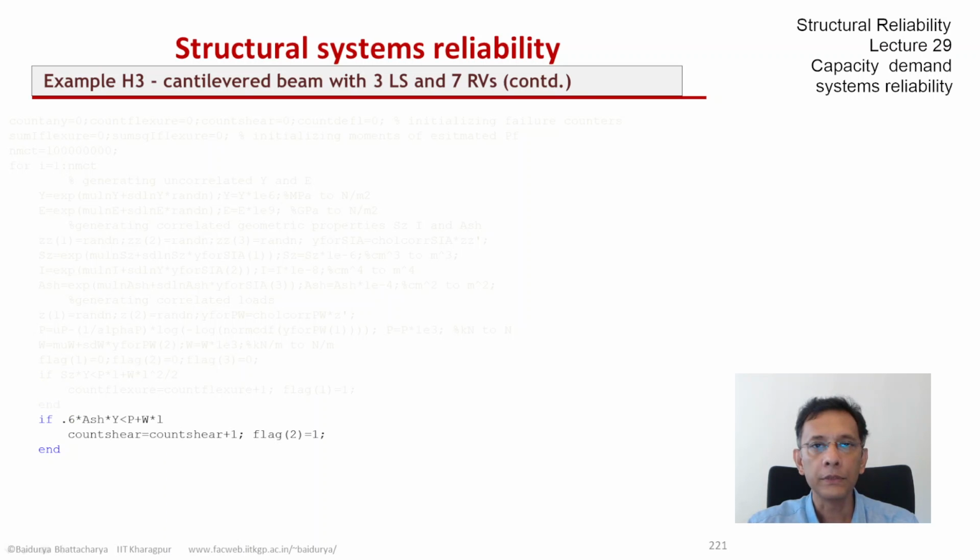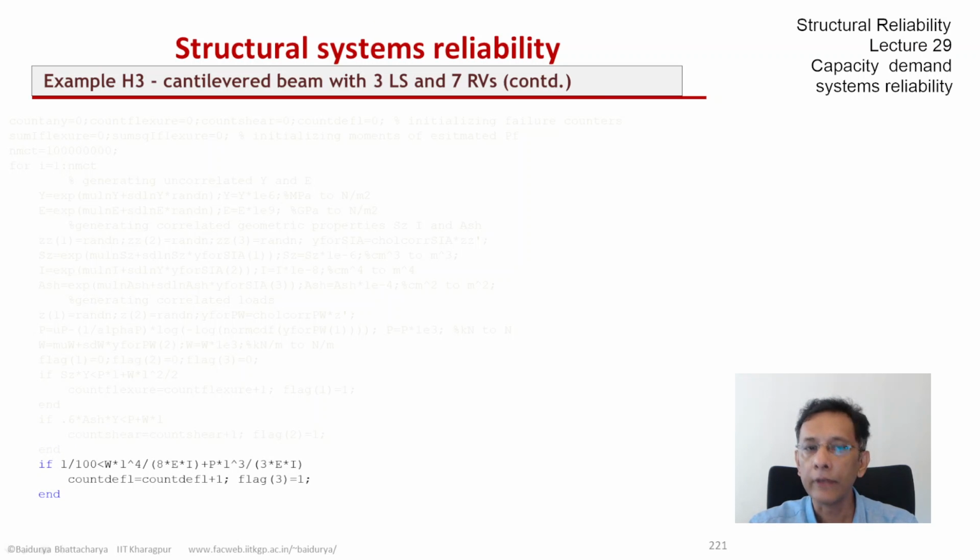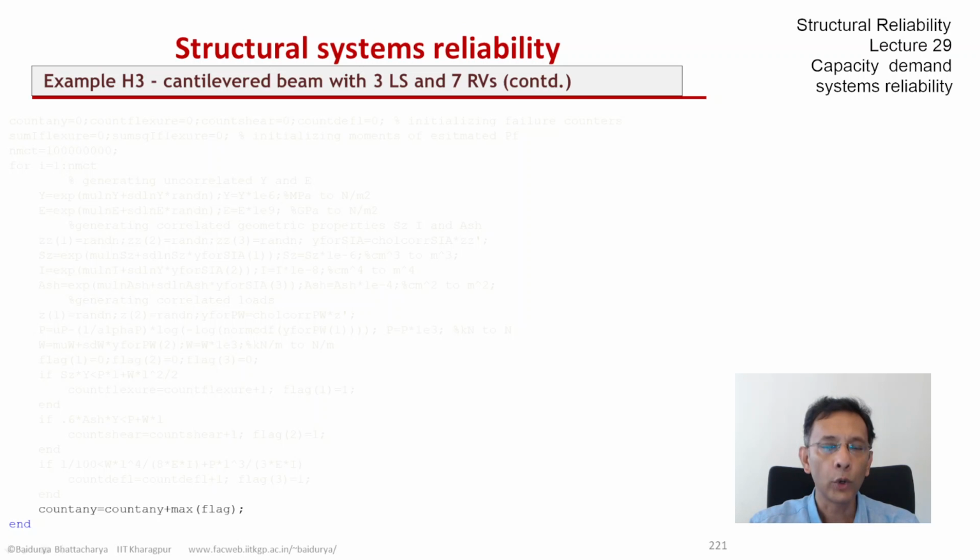And then the shear limit state, similarly, if shear capacity is less than shear load, then I increase the shear count by 1, and I set the flag 2 up. And finally, for the deflection limit state, similarly. And this lets me keep track of both the whole system failure as well as the individual failure modes. If any of the flags are up, I add the total system failure by 1. So that's count any is incremented by the max of the flags.